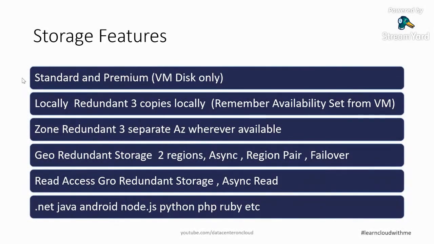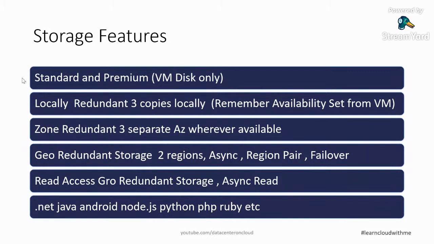So storage, when we create a storage account, everything starts with the storage account. Previously, when storage account V2 was not available, the Azure disk was part of the storage account. But when they came up with managed disk, Microsoft Azure made the differentiation that the disk remains its own resource, and the storage account is a different resource.